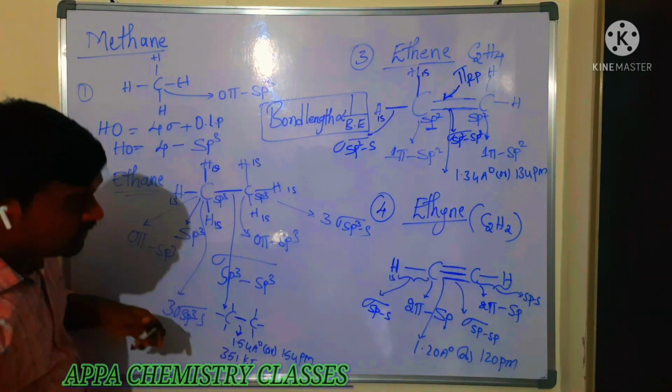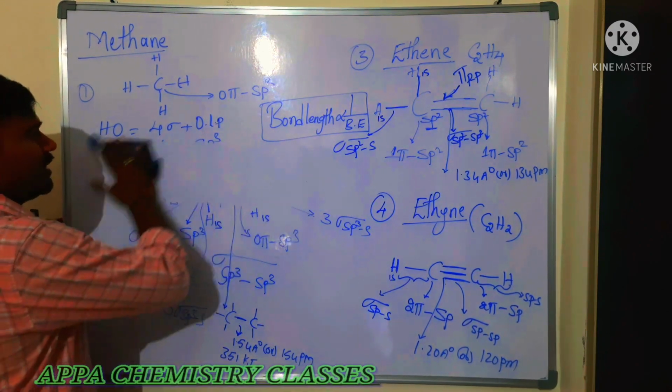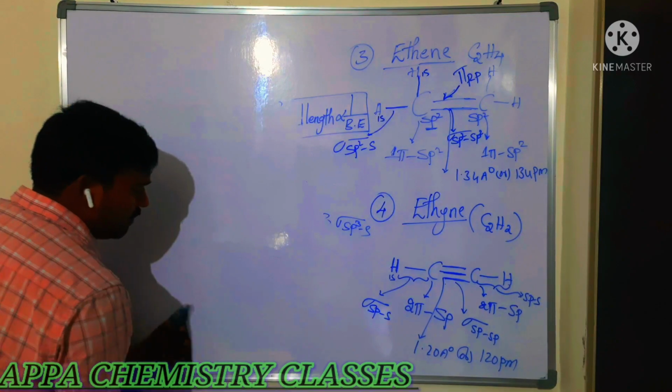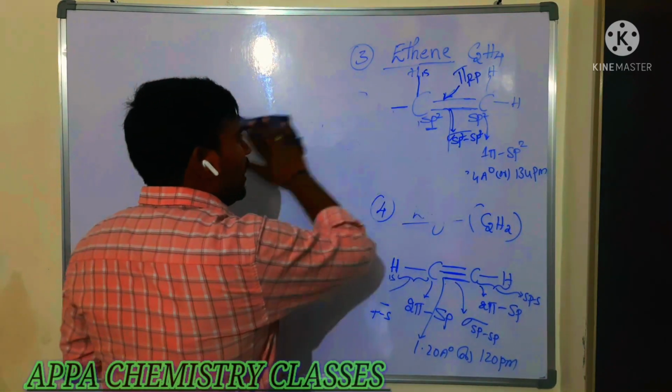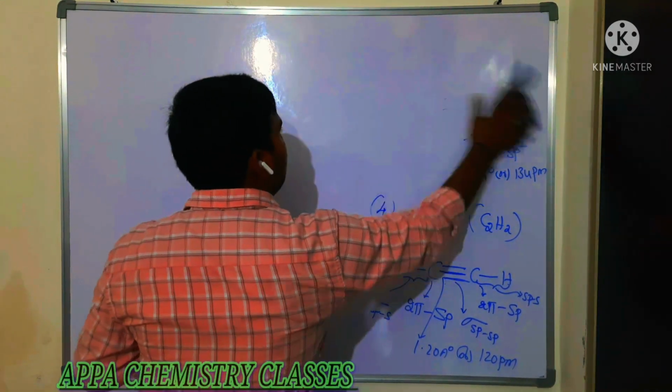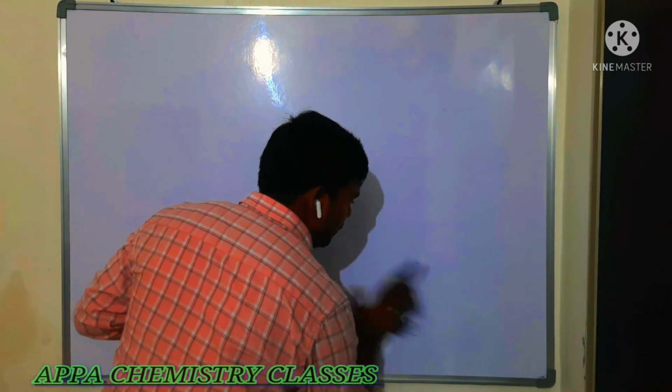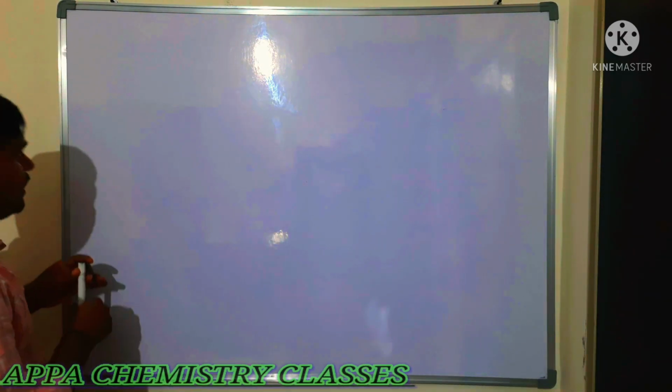Now we will see the general examples. In case of general examples, how to identify hybridization. I will write some more examples here. Note down fast, and first identify the hybridization. Firstly, you should identify the hybridization.